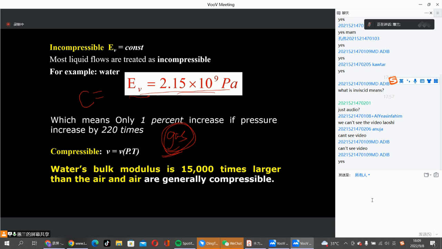The pressure impulse propagates, and that's why you can hear me. The speed at which the pressure pulse propagates is named the speed of sound. And we know in air, the speed of sound is almost 340 meters per second.